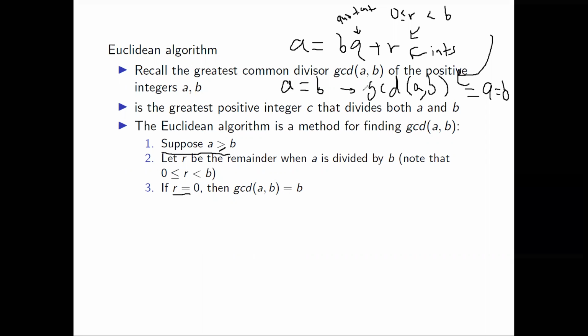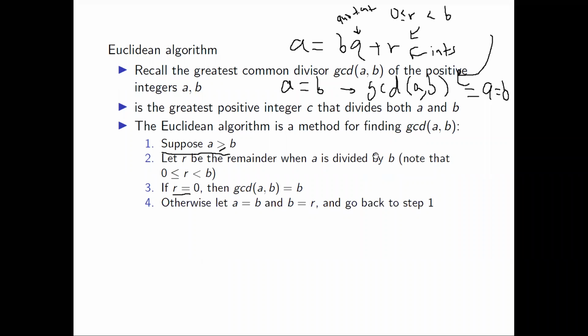So in that case, getting the GCD is pretty easy. In other cases, we can just reduce our problem. We're taking this GCD problem for a and b, and we're reducing it to a smaller subproblem.